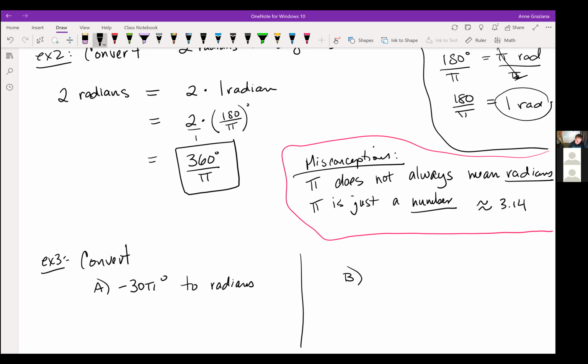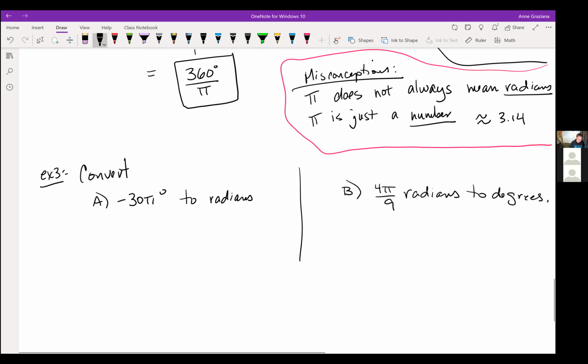And B is going to be convert 4 pi over 9 radians to degrees. Okay, so I'm going to do these 2 examples. Yes, if you can remember that, Marianne, that's right.